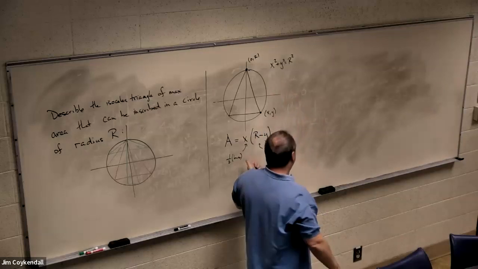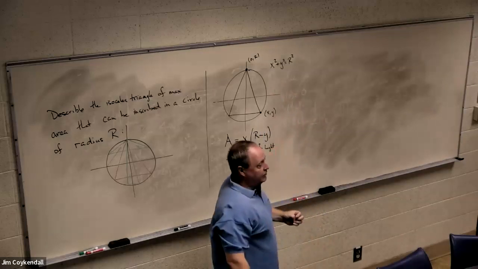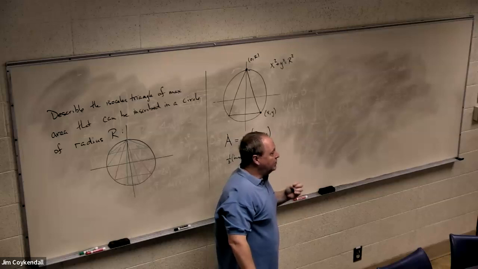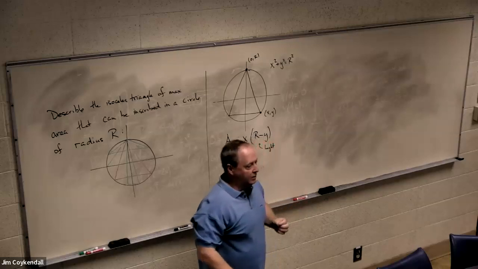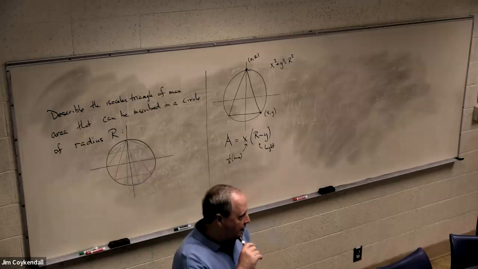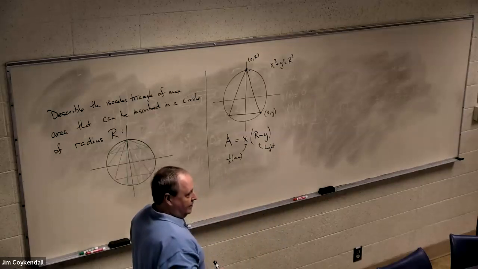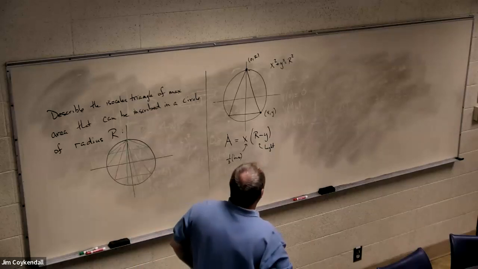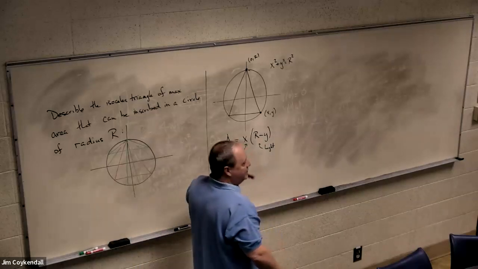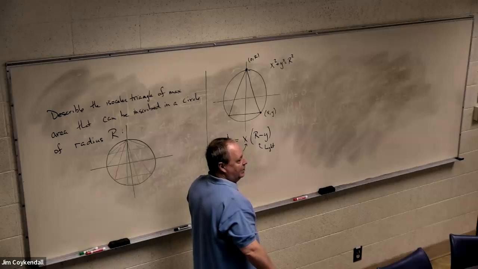Now, if you want A to be a function of x or a function of y, you can work from both ways. What is decidedly easier? I would rather have A be a function of y.